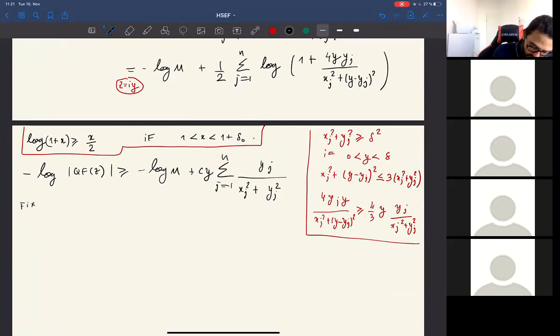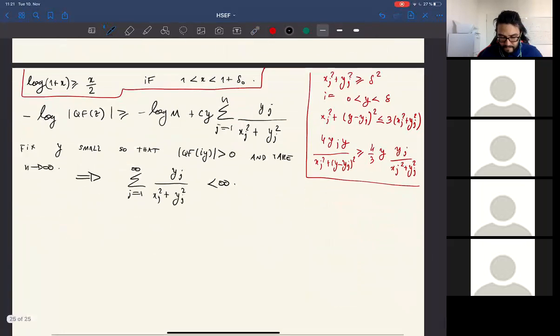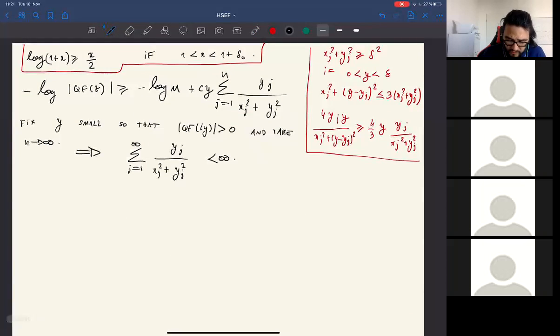So just fix y small so that qf of iy is not 0, and so that this inequality works. I take n to infinity, so then we conclude that it's finite. Okay, and that would finish the proof.